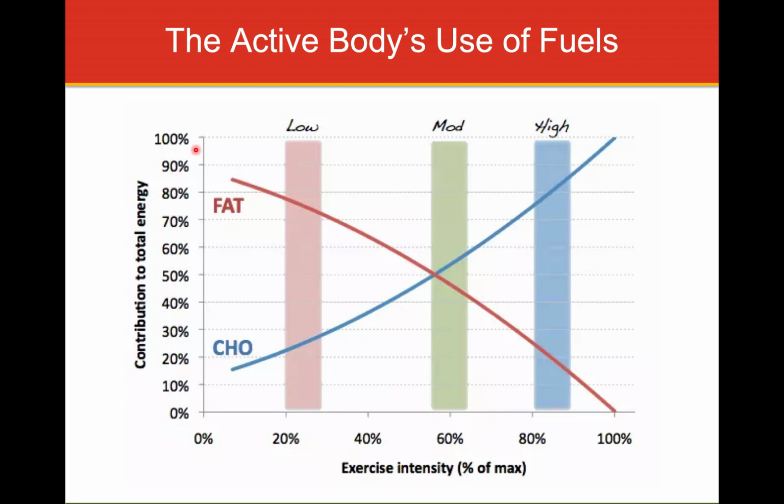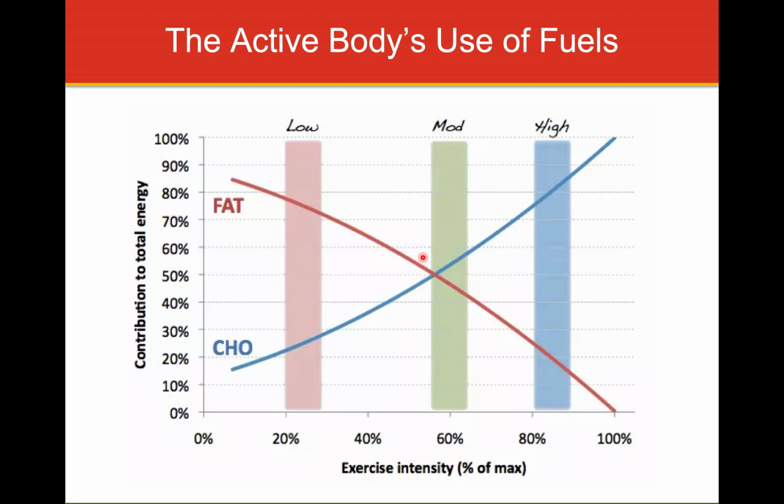So we can see when we're working at a very low intensity, we're pulling primarily on fat for fuel and very little on carbohydrate.